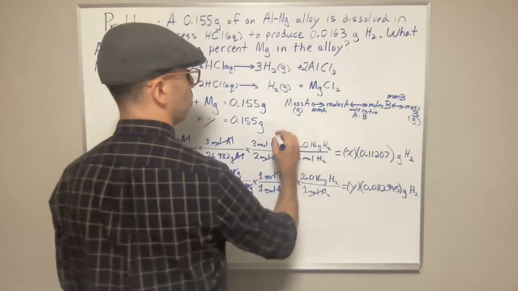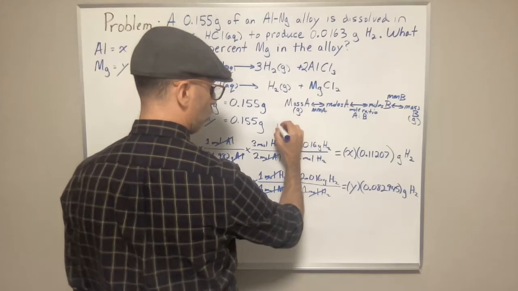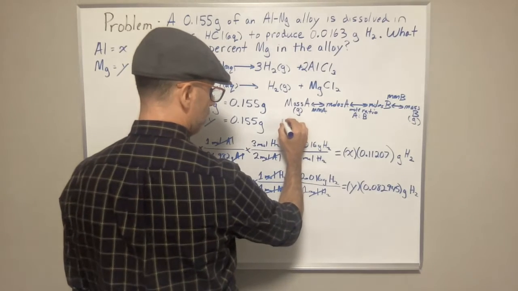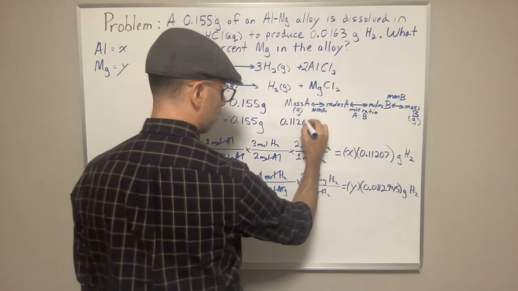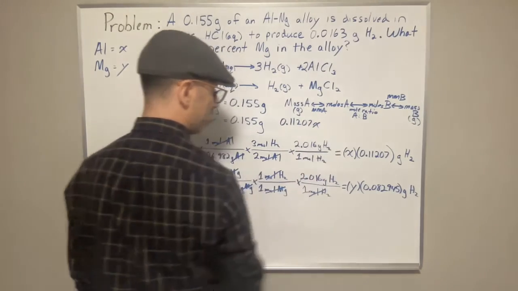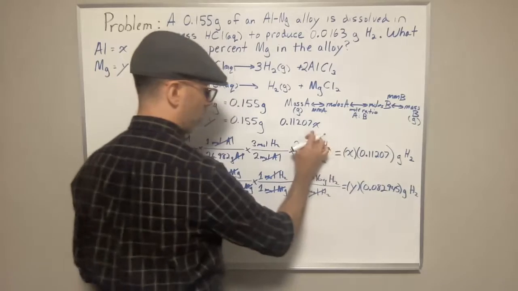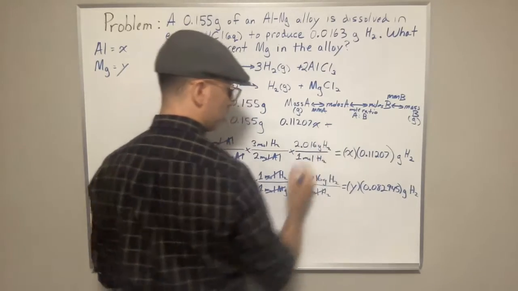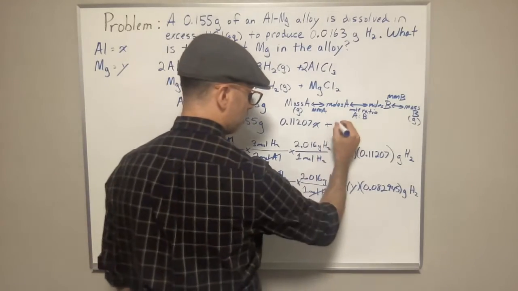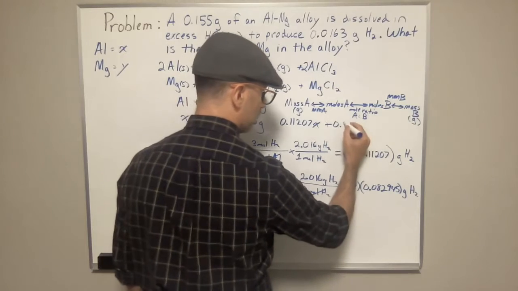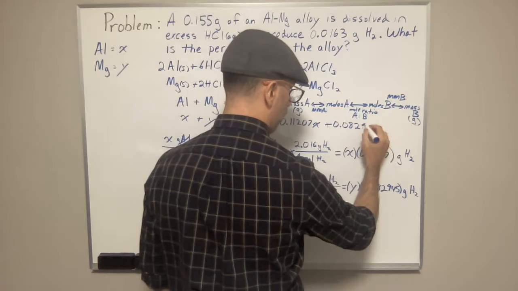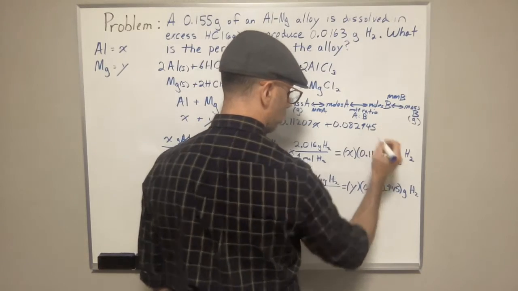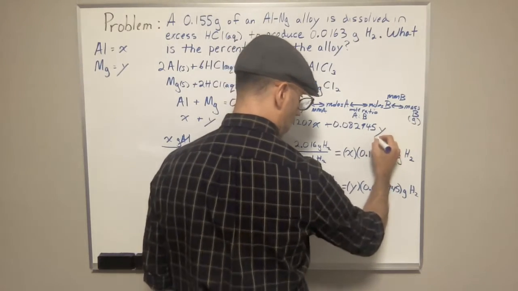This is going to be 0.11207x, so I just put the x on the other side, plus 0.082945y.